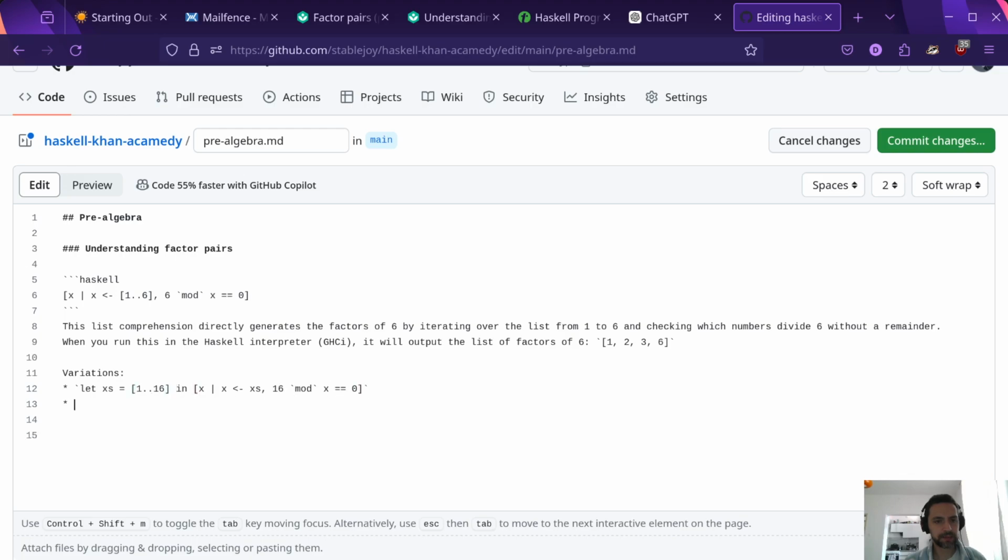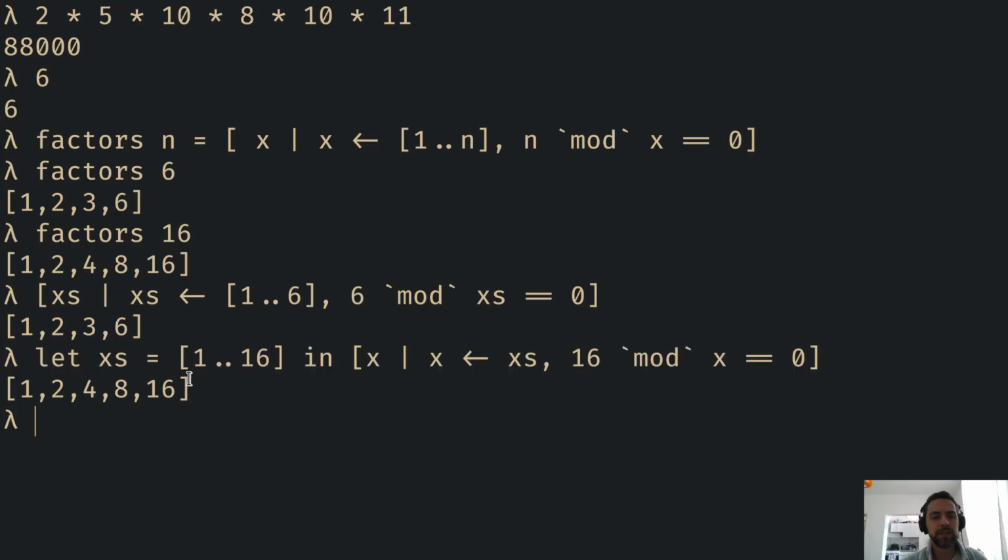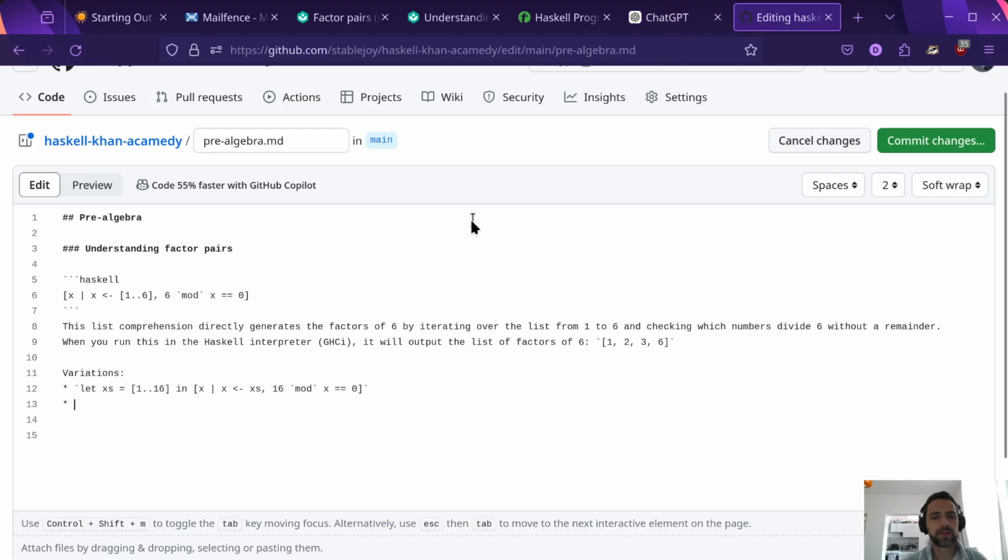What else? This is with a let. Yeah, this is a simple one. A more generalized variation.